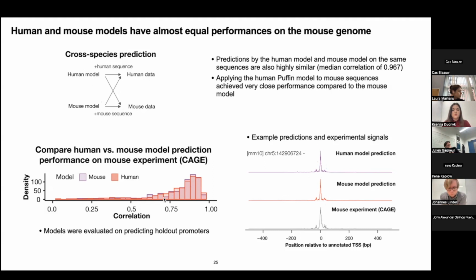The correlation between predictions is 0.996. So it seems we can just use the human model on mouse data, which shows that the transcription initiation rules that we found in human are probably largely conserved in mouse too.